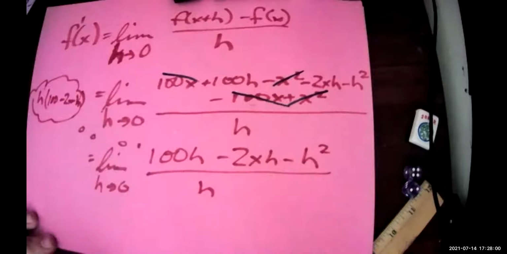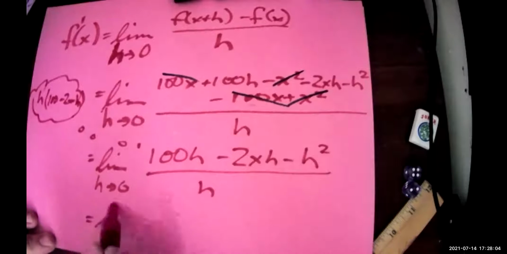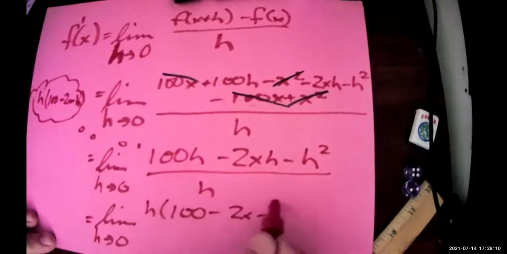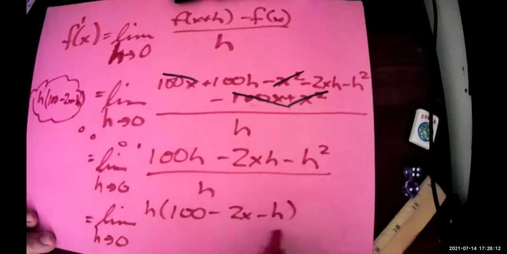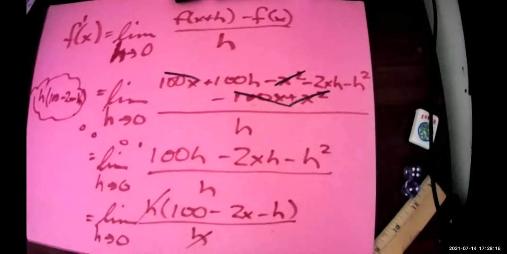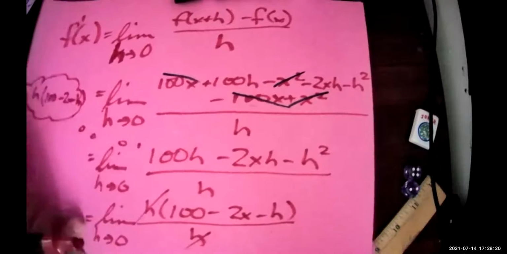I didn't give myself enough room there. But it looks like this: h times 100 minus 2x minus h all over h. And then they cancel. And now you have the limit of a quantity that's no longer a fraction.